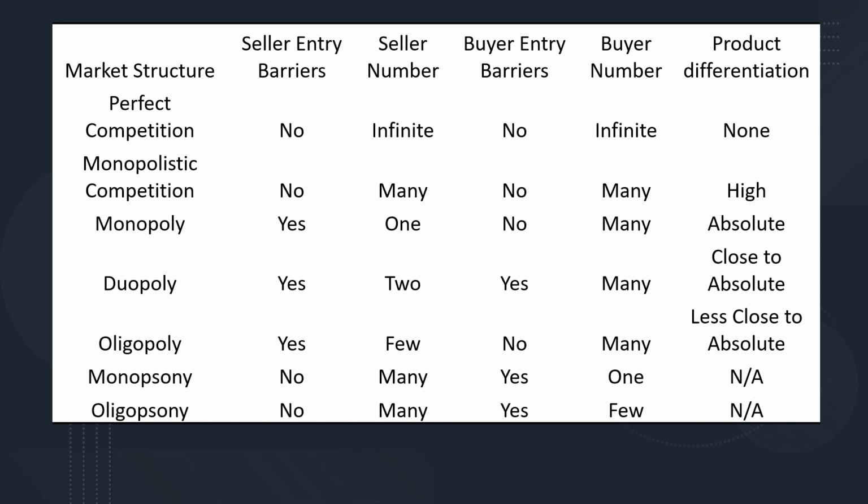Additional examples include cell phone service providers such as AT&T, Verizon, and T-Mobile, and the airline industry, Delta, United, and American Airlines. Monopsony. A monopsony is a market structure in which a single buyer has significant market power and controls purchasing goods or services. Government procurement. In many countries, the government is the largest buyer of goods and services.